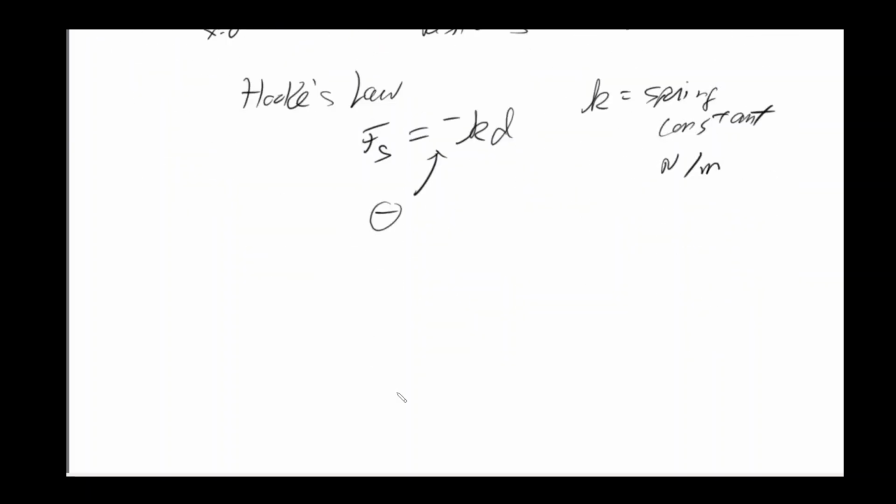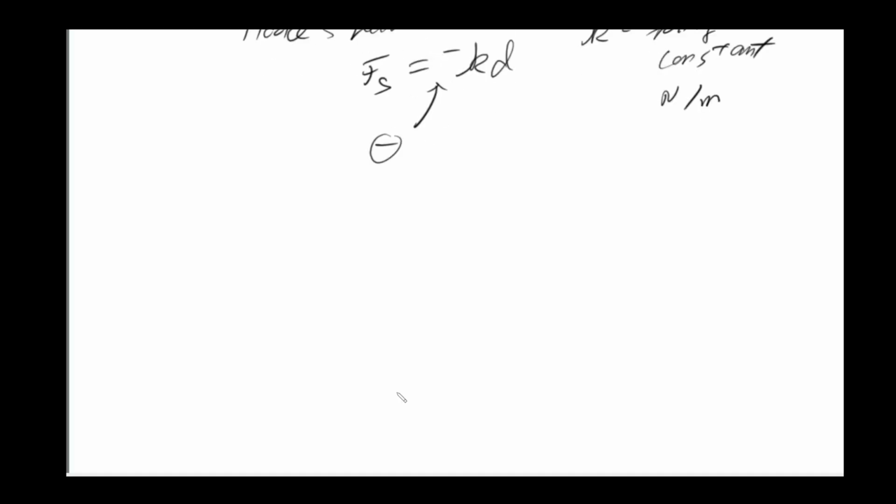Now the spring does work, and we'll call that Ws, the work of the spring. But the force on the spring is not constant. In the previous examples, the force was constant, but for a spring, it's not.